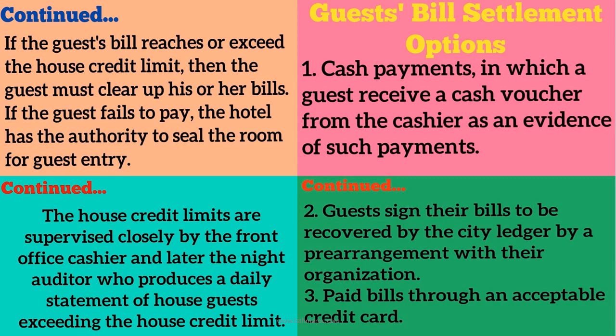The house credit limits are supervised closely by the front office cashier and later the night auditor, who produces a daily statement of house guests exceeding the house credit limit.